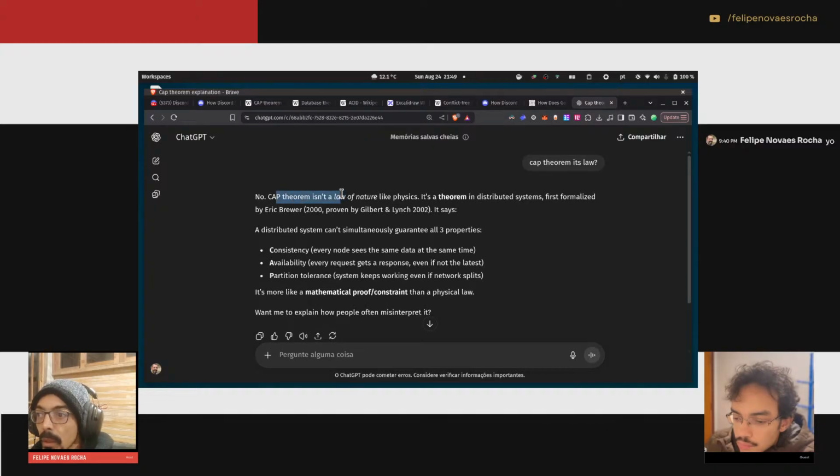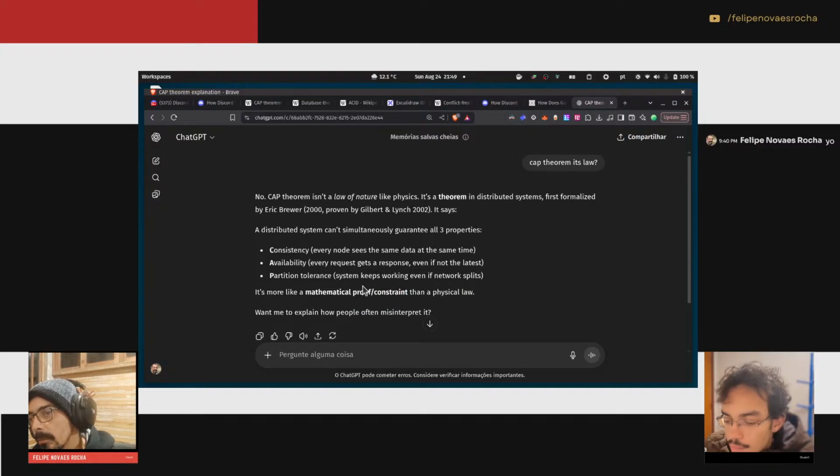Nope. It's not a law of nature like physics. It's a theorem in distributed systems, first formalized 25 years ago, very recent. Distributed systems cannot simultaneously guarantee all three properties. It's more like a mathematical proof constraint than a physical law.